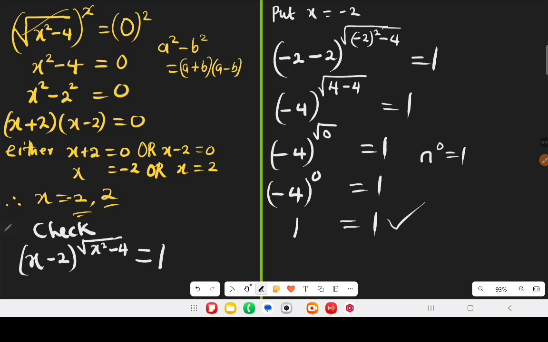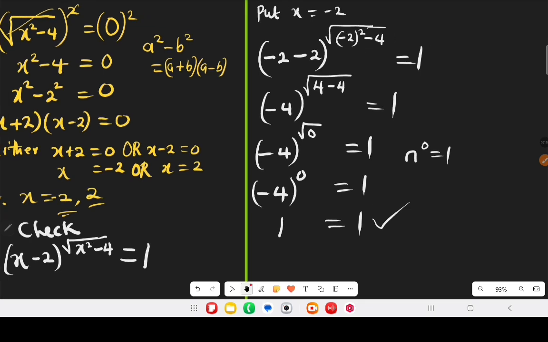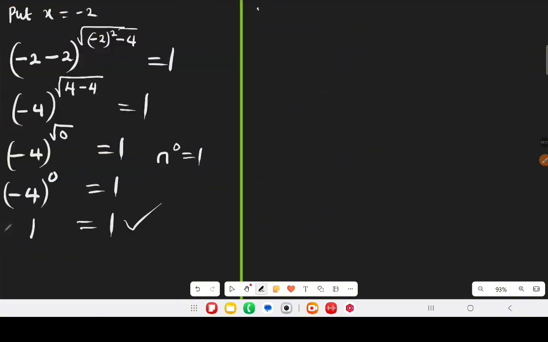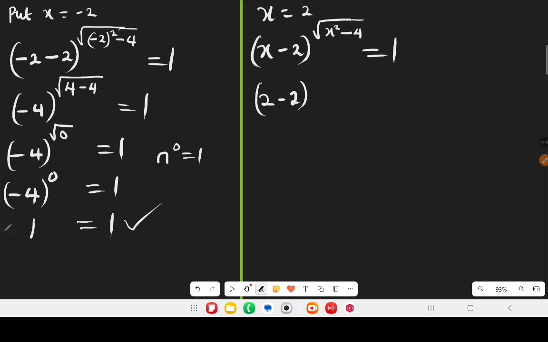Now we move further. Let's test if +2 will give us the solution. Now let's test when x is equal to 2. We put it into the original equation, which is (x − 2) raised to the power of the square root of x² − 4 equal to 1. Then in place of x we put 2. We have (2 − 2) raised to the power of the square root of 2² − 4.